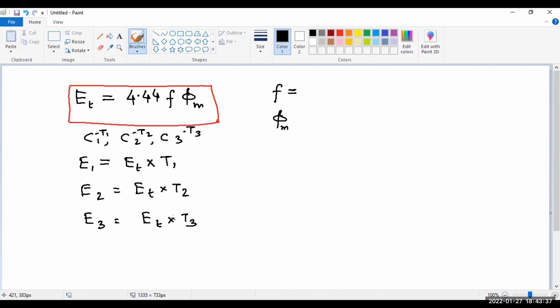Got my point? Suppose from 1 turn, how much voltage am I getting? It is a unitary method. From 1 turn, how much voltage am I getting? ET. Okay. So from 2 turns, what will be the voltage? ET plus ET, because it will be algebraically added.